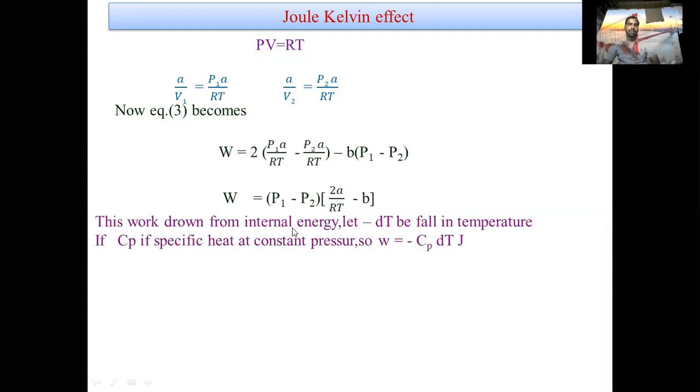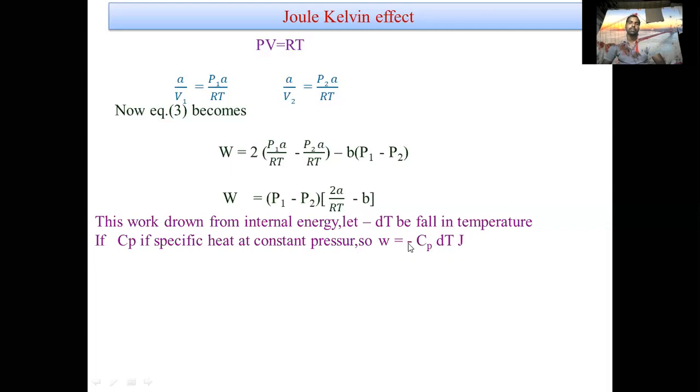This work is done from the internal energy, let −dT be the fall in temperature. If Cp is the specific heat at constant pressure, then W = −Cp dT is the work done, but the W above is in joules. We have to equate the units, so we apply the joule value.